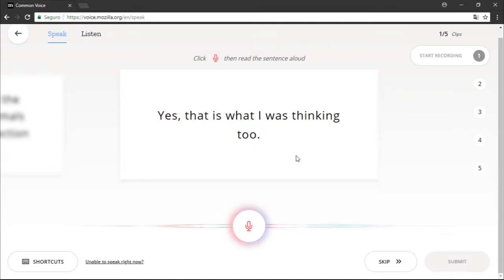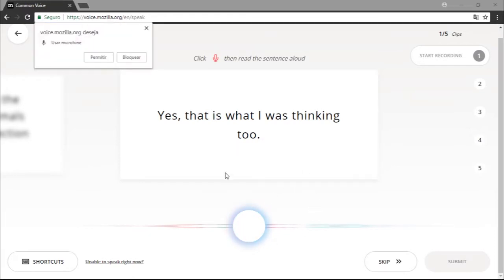So that's a good thing. I'm gonna record 5 audios, 5 files. I think I'm gonna try to do my best to accomplish this. So here we go. I'm gonna start by clicking on the microphone button. Let's enable the microphone.